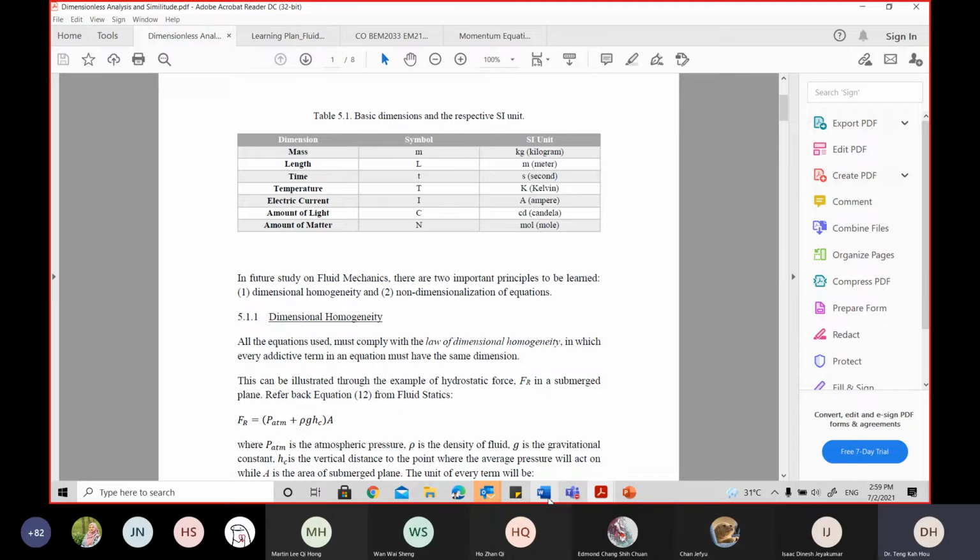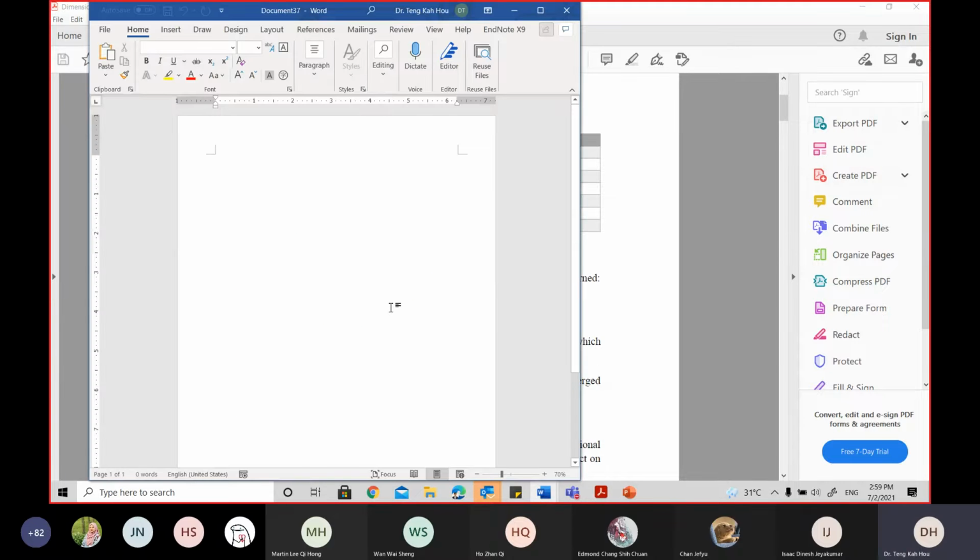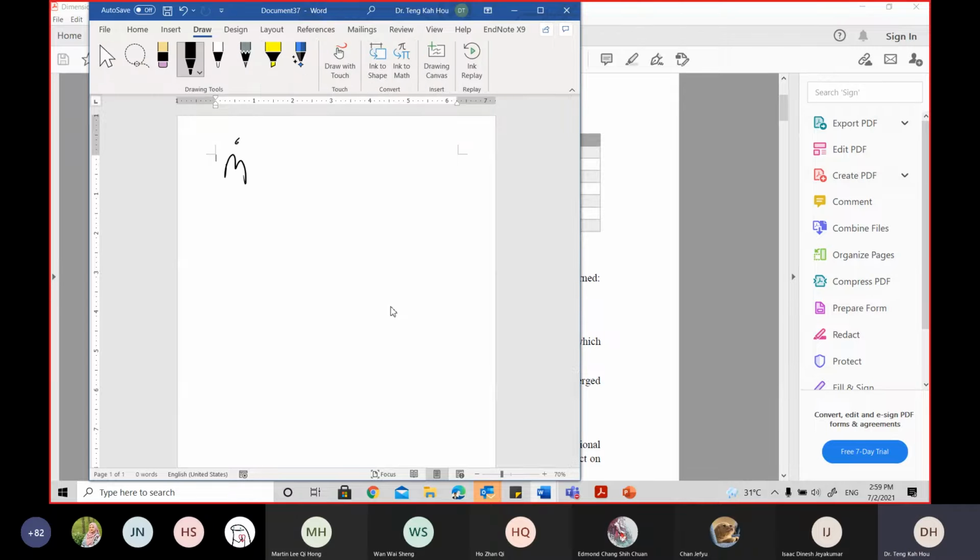For example, mass balance: mass flow equals rho times volume flow rate equals rho V A. Can you try to prove to me, get your paper, that all of these are in the same unit?